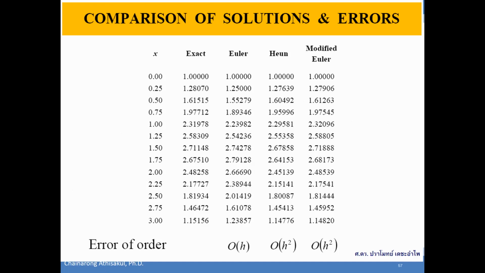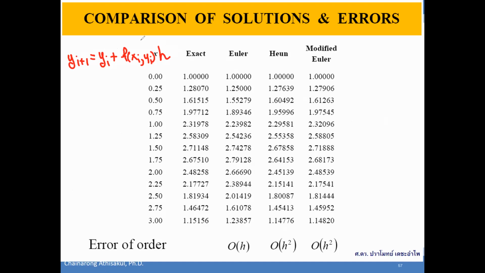When we compare with the Euler method that we studied today, we know that y(i+1) equals y(i) plus f(x(i), y(i)), that is the initial slope, times h. This is the Euler, right?